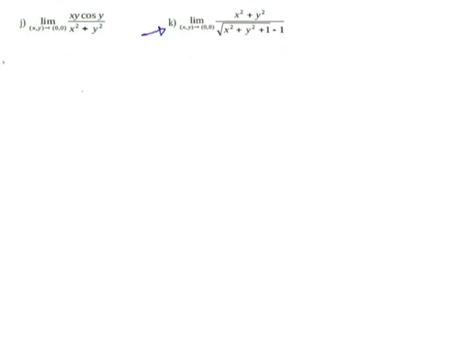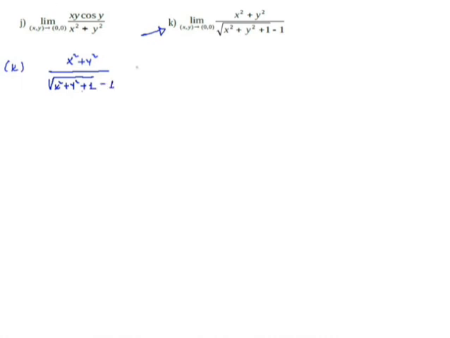ወደ k ስንመጣ, k ውስጥ ያለውን ሊሚት ኢቫሉዌት ለማድረግ rationalization ያስፈልገናል. So first rationalize እናደርጋለን x square plus y square over radical x square plus y square plus 1 minus 1.